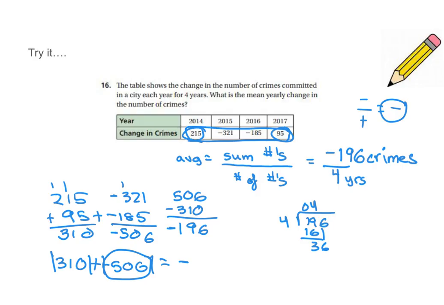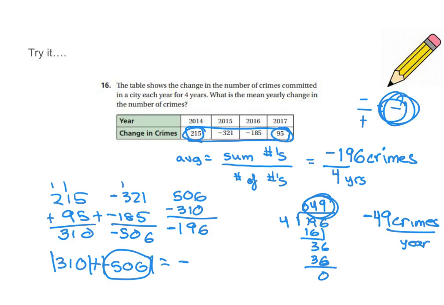And 4 goes into 36 9 times. 9 times 4 is 36. So you have no remainder. And so we would say then, because our answer is negative and our quotient was 49, negative 49 crimes per year. And it's negative, so it's a decrease.